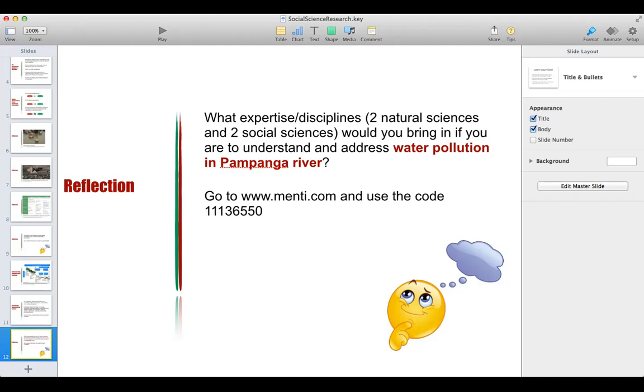So kung titingnan nyo yung water pollution, say in Pampanga River, sa example lang to, ano kaya yung expertise o di kaya disciplines na kailangan nyo that you should bring in for you to better understand or better address water pollution? So you must be able to identify 2 from the natural sciences and 2 from the social sciences. Okay, so I'll go to Menti again. So let's check kung ano yung mga responses nyo.